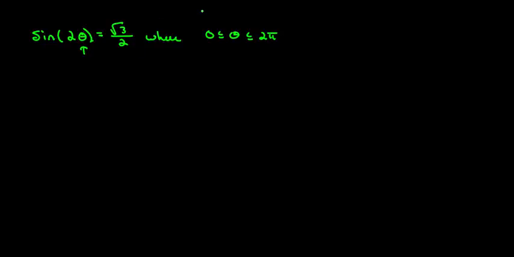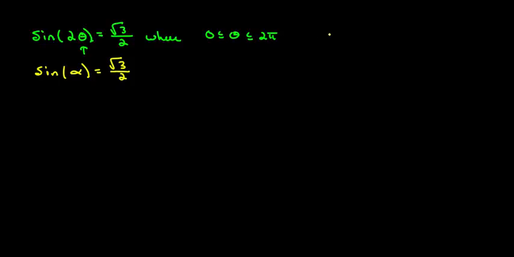Well, I'm going to make a substitution. So not to confuse you, I'm going to just say the following. This is like saying the sine of, let's just call it a different angle, alpha, is equal to the square root of 3 over 2.